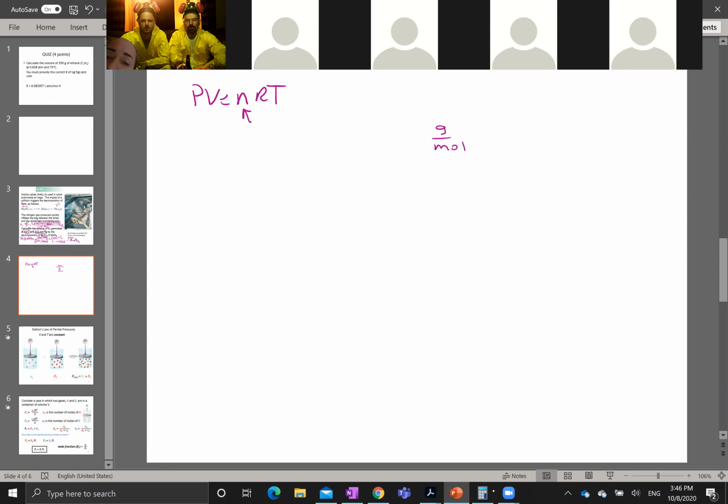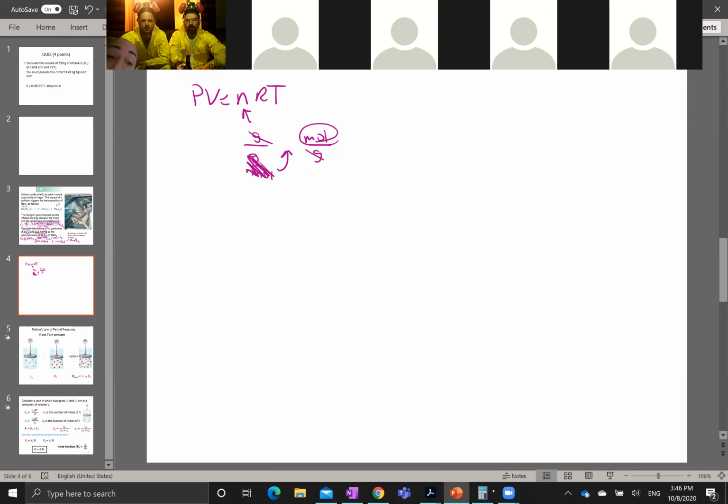Grams over molar mass. Yes, I think I heard you say grams over molar mass. That is correct. When you flip this over, it becomes moles over grams. You don't have this anymore. So now this cancels and you're left with moles, which is why the symbol n is equal to moles.